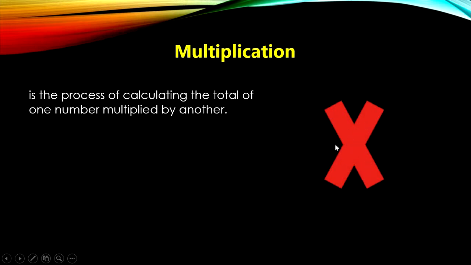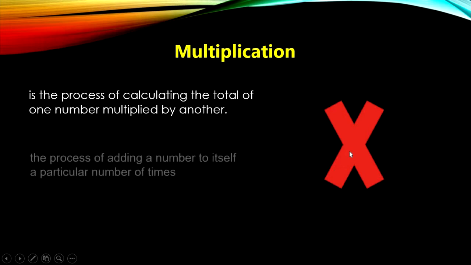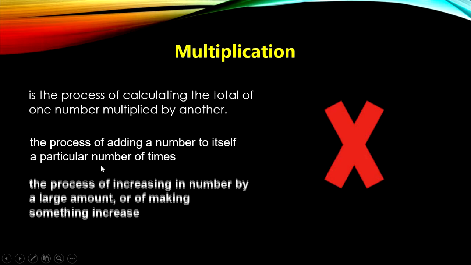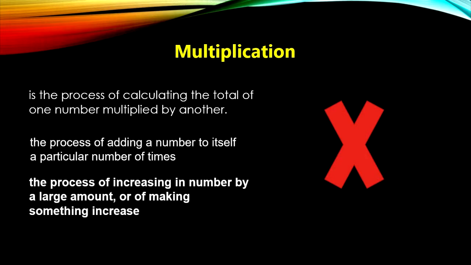Then we can say multiplication is the process of adding a number to itself a particular number of times. Also, we can say multiplication is the process of increasing a number by a large amount, or of making something increase. You will make something increase when you are doing multiplication.